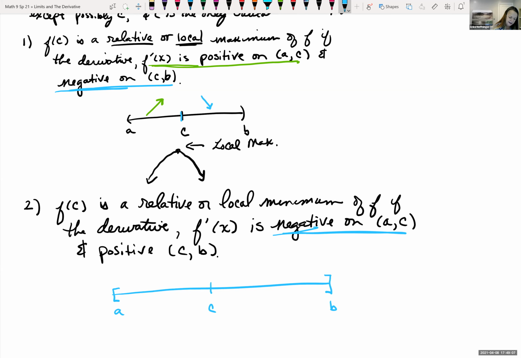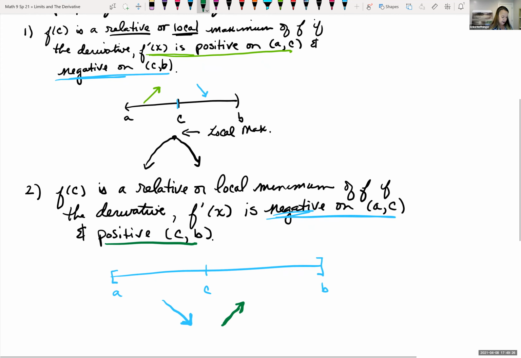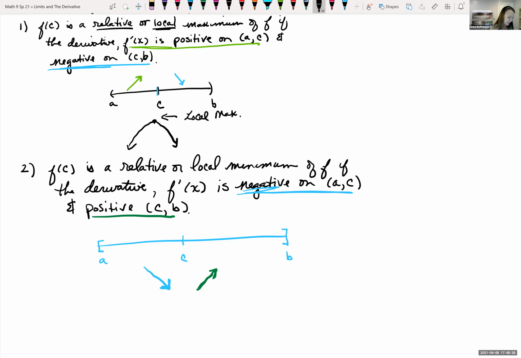So if it's negative here, it's going downwards on the left. And then it's positive on CB. So the derivative is positive, so our function is increasing. So if we have something that is dipping down, it's defined at C, and then changing direction and going up, this value right here has to be a local min.